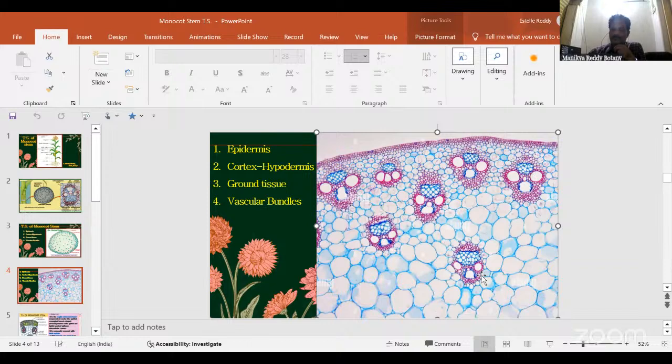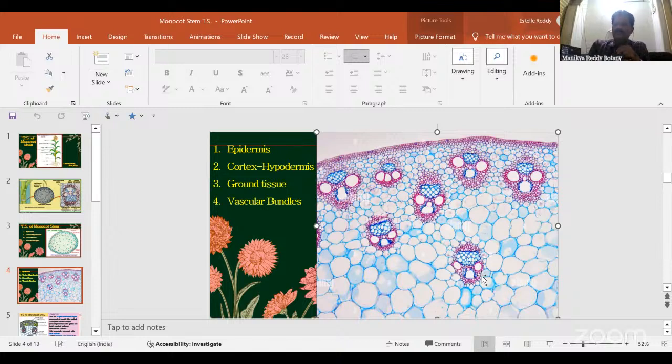In both the stems, you can see the endarch condition, but there is no protoxylem or lysigenous cavity in dicot stem. This lysigenous cavity is seen in monocot stem. Pericycle is present in dicot stem, absent in monocot stem.